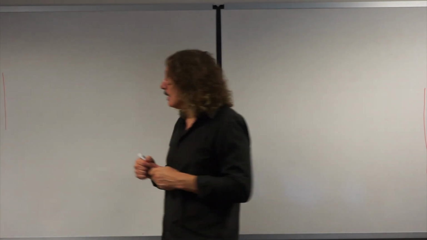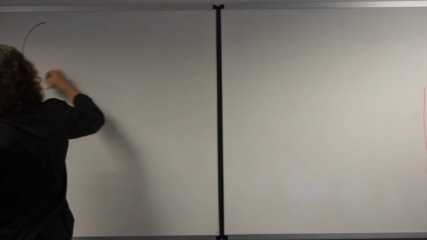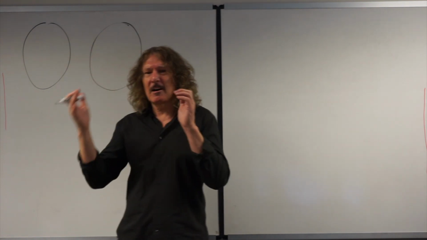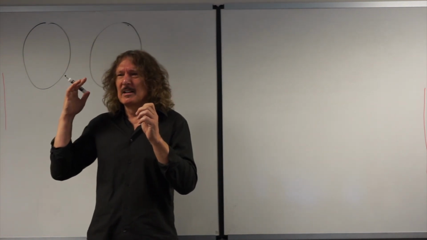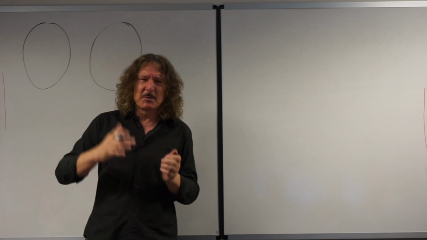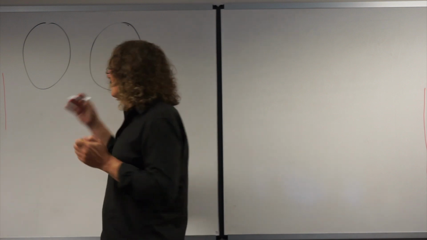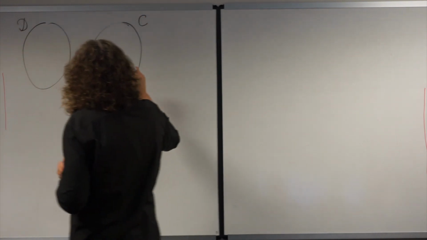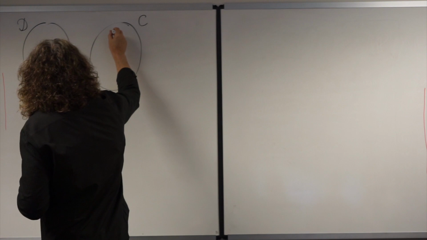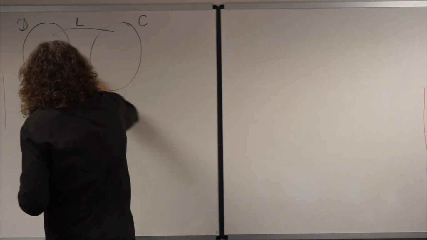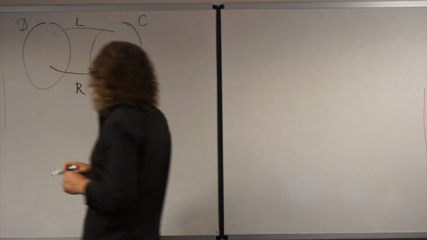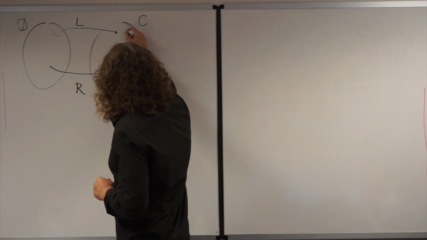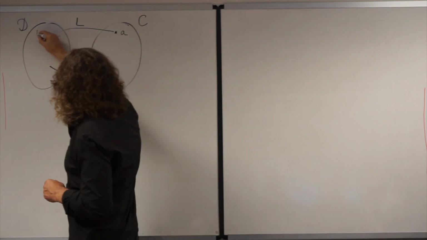And we talked about adjunctions, right? So in adjunctions, we have these two categories. And it's always hard to remember which one is left, which one is right. I call this C and I call this D, right? And there are these two functors, left and right. You start with some object A here, and you get LA, right?